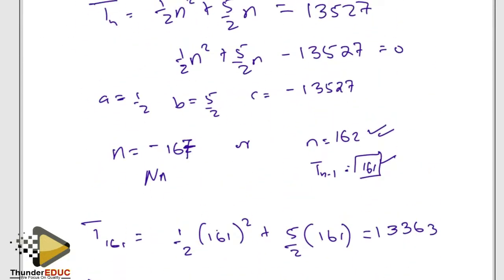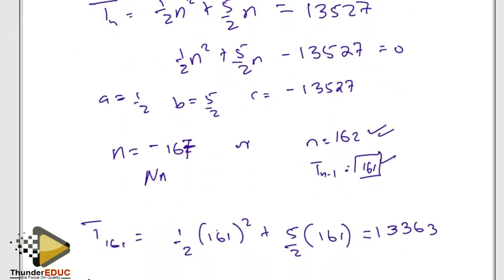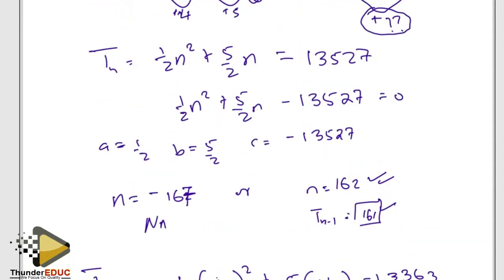There is a shorter way, and the shorter way is to use the arithmetic pattern for the first differences, if we can get this number straight away. How do we go about that? Of course, it's going through this quadratic, and then you get your 162 as the option.